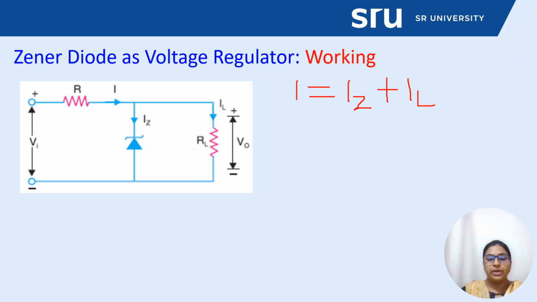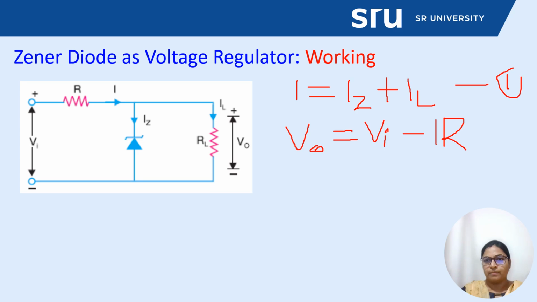So we can write V naught is equal to VI minus IR. Let us suppose this is our equation 1. This is our equation 2.